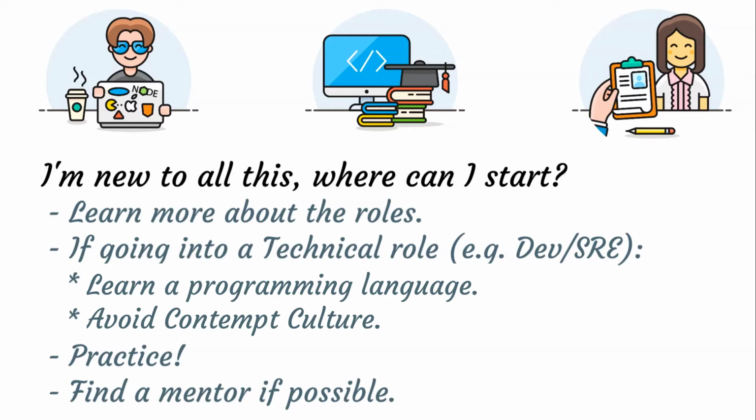Everyone in their own community might say that language X is the best and language Y is very bad. But the reality is that different languages were developed for different reasons, they target different markets, and they're constantly evolving. The point I'm trying to drive here is don't get into this contempt culture when you're learning your first programming language, or even later in your career, because it doesn't help anyone.